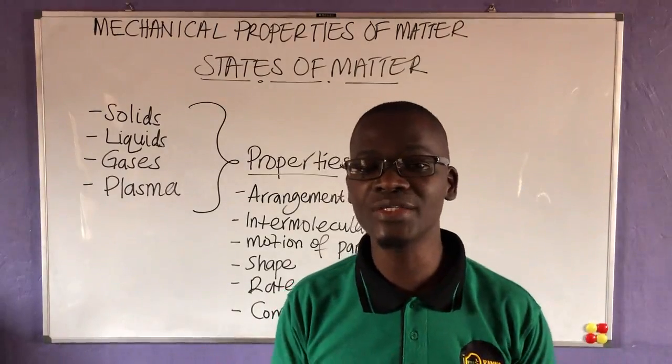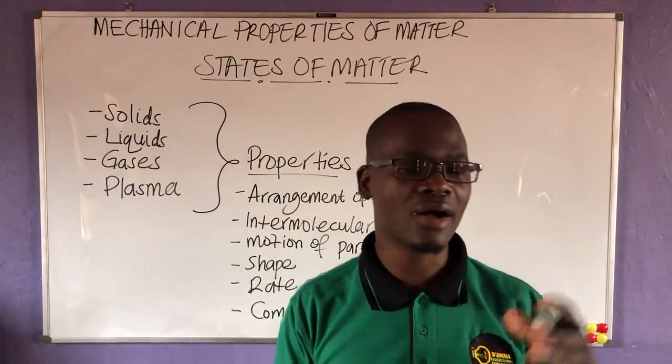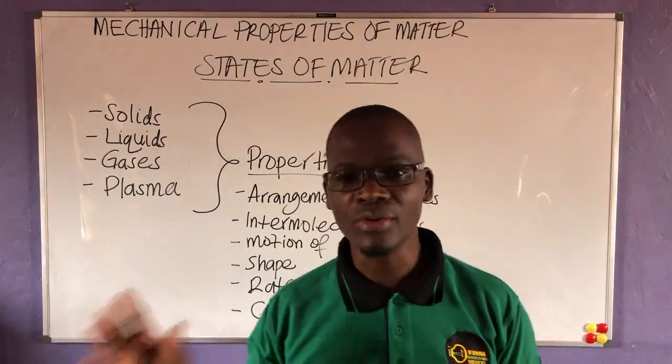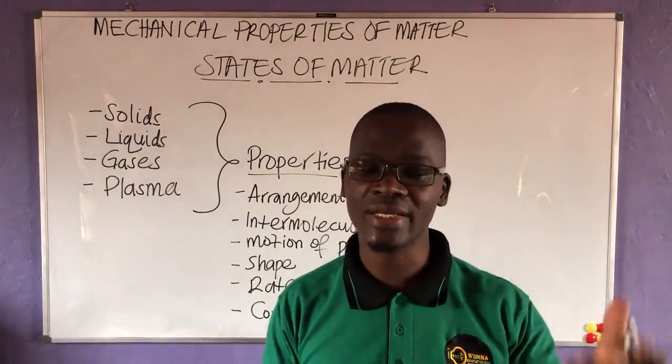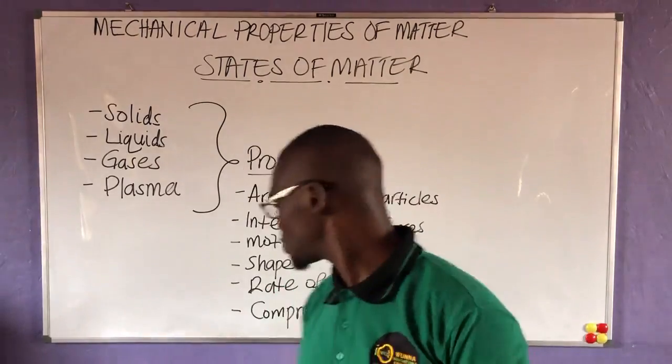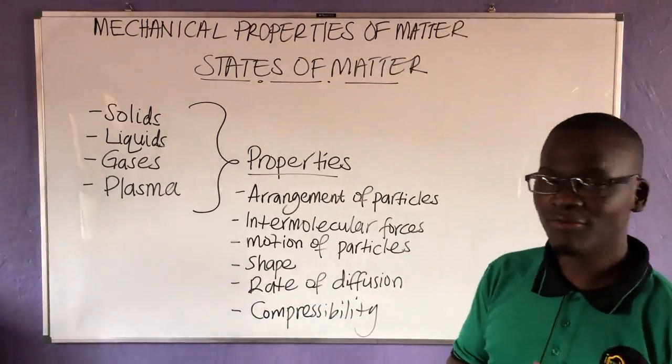We use gases to fill the car tires, the balls, the balloons, because they can be compressed. And we use the lightest gas. So those are the properties of the states of matter.